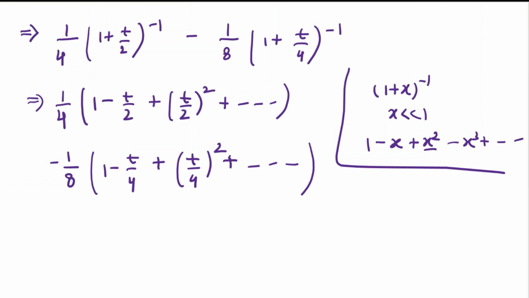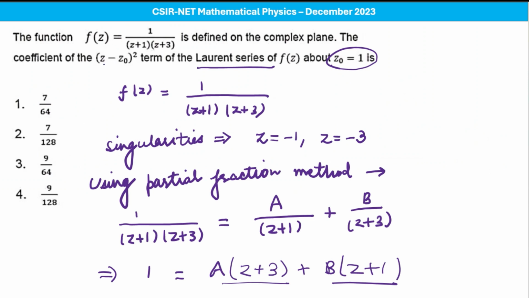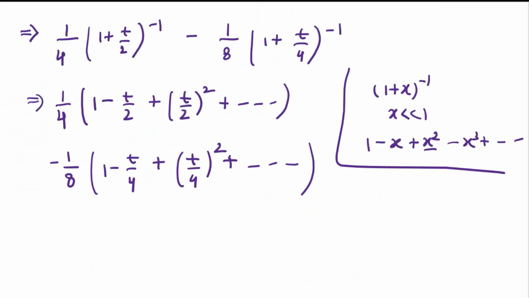So in this question, it is asked for the coefficient of (z minus z naught) square term, which means t square, right? The t square term. So take out the coefficients which involve t square.